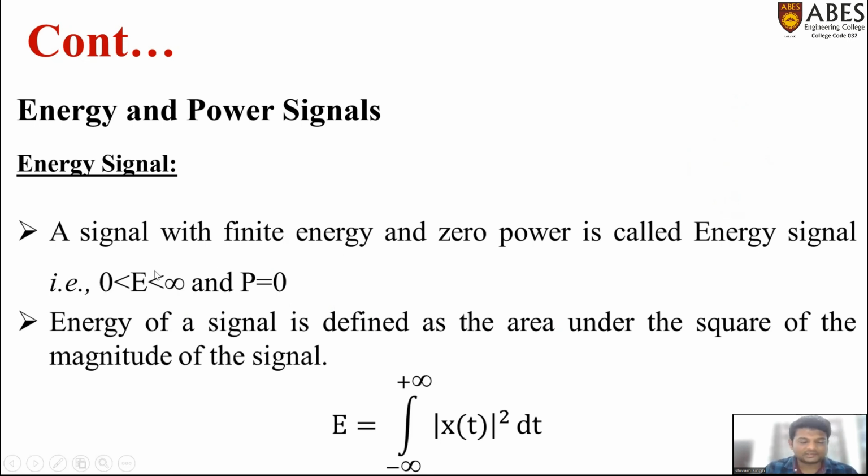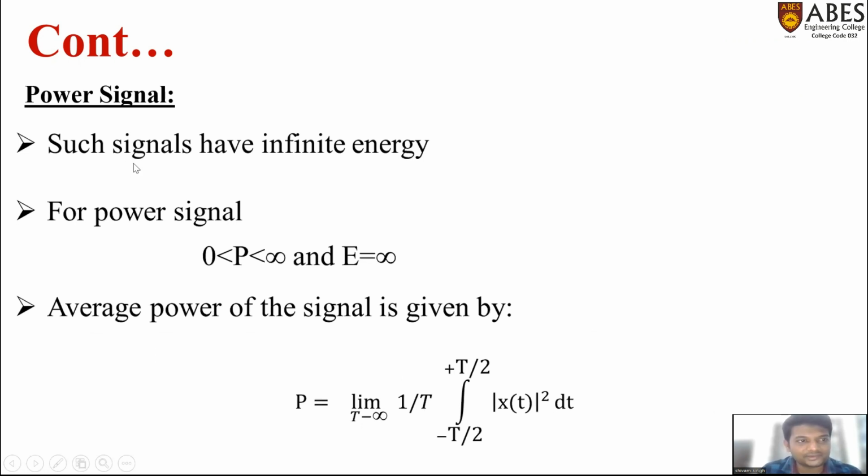If you talk about an energy signal, then its energy will range between 0 and infinity, and the power of such a signal will be 0. If you want to find the amount of energy, you can use the given formula: integration from minus infinity to plus infinity of the mod square of x of t, where x of t is the given function. Then you will get the exact energy of the signal.